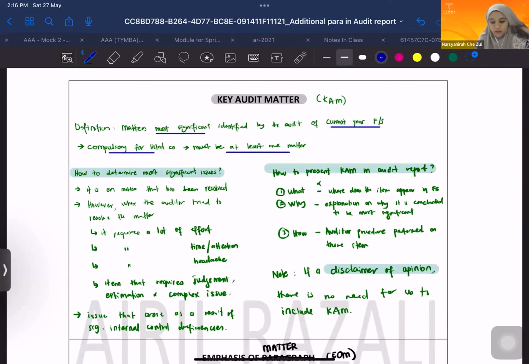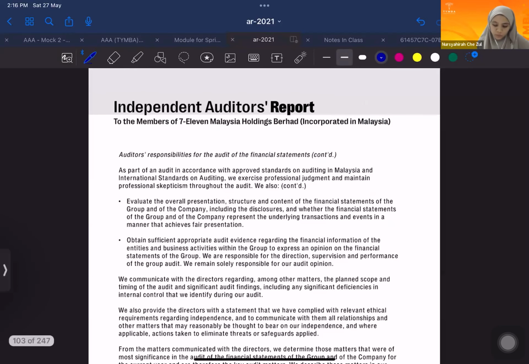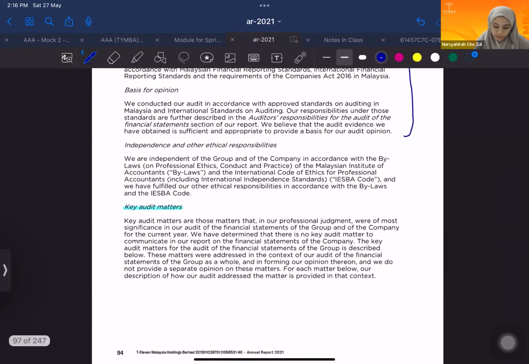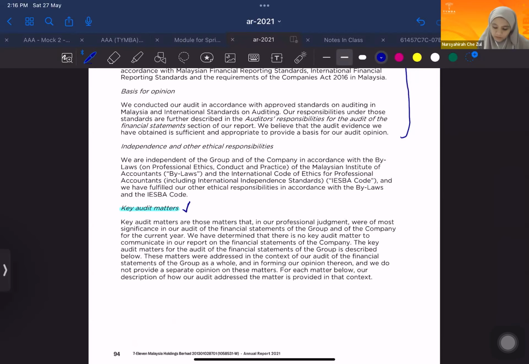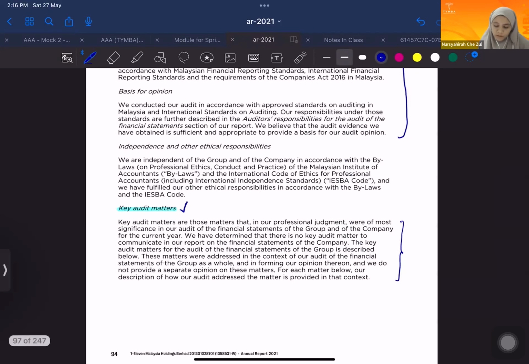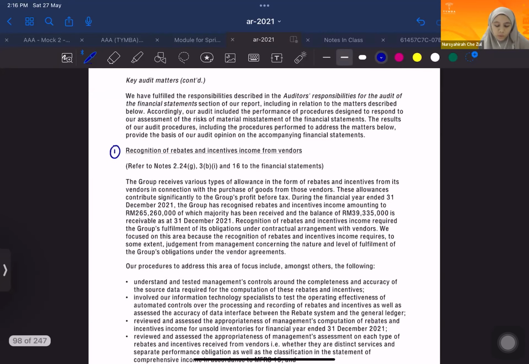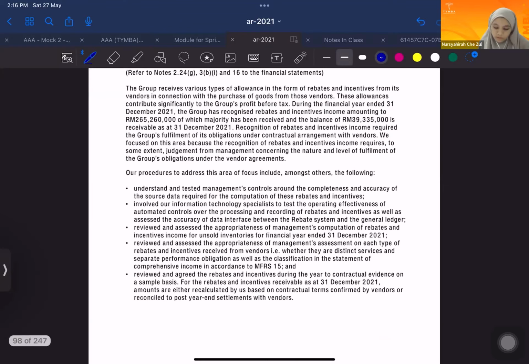As per what we have seen in 7-Eleven, I think they have about 3, because 7-Eleven is a listed entity. This is the paragraph, and this is where they explain the function of this paragraph. Number 1, it is difficult for them to audit recognition of rebate and incentive income from vendors. What else?